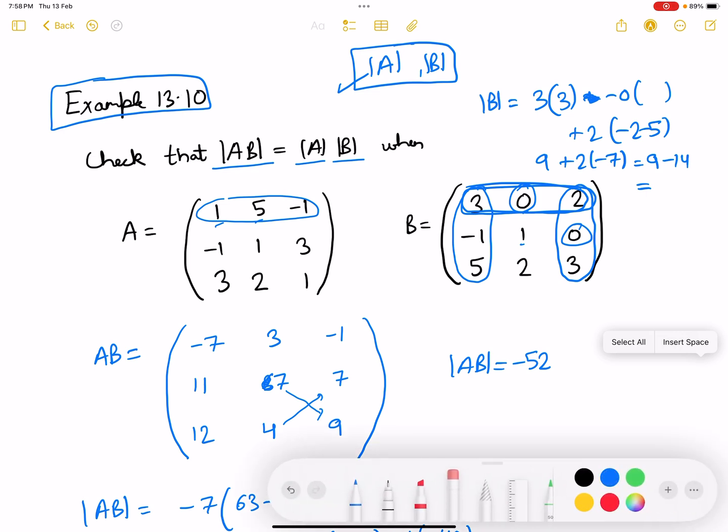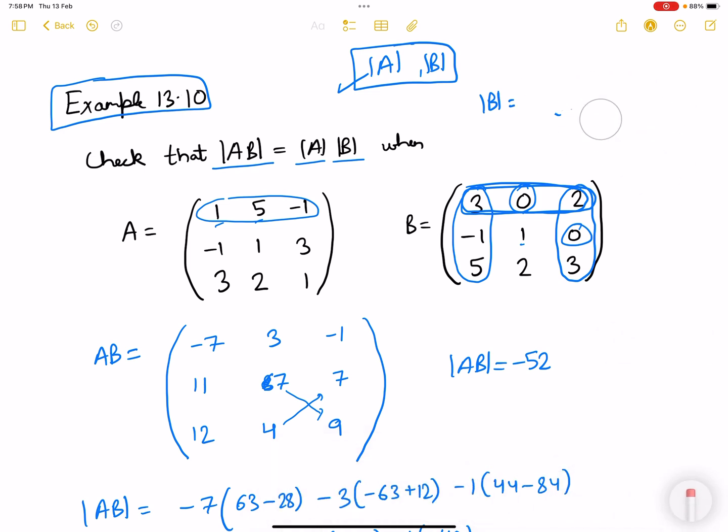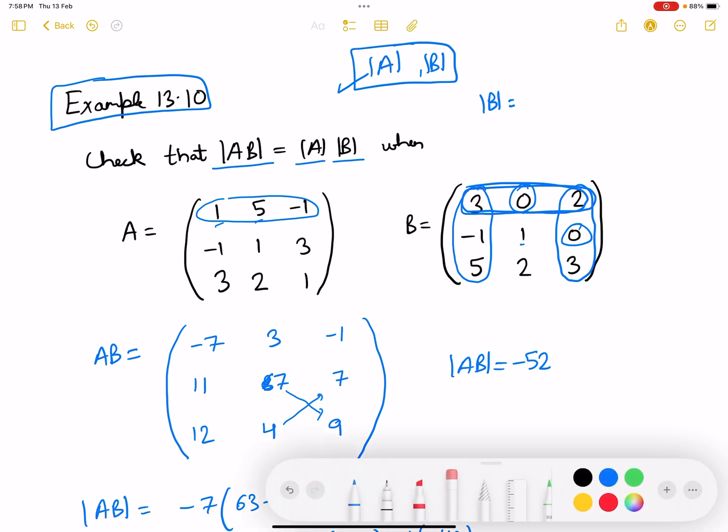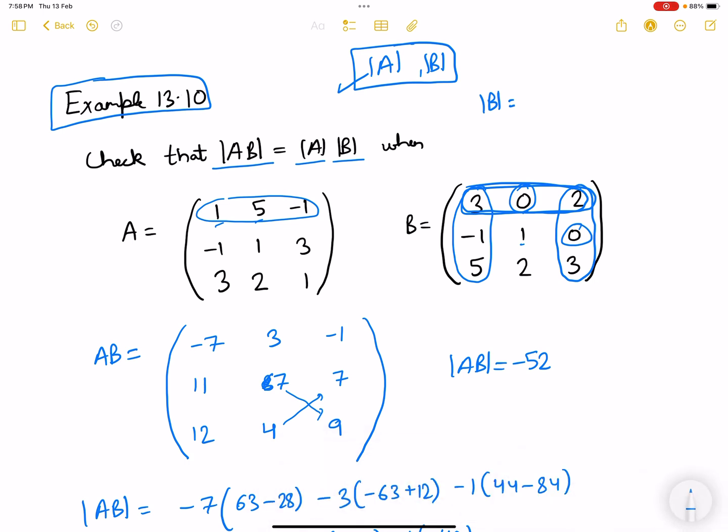Okay, I'll just do this again. 3 into minus 2 minus 5 minus 7.